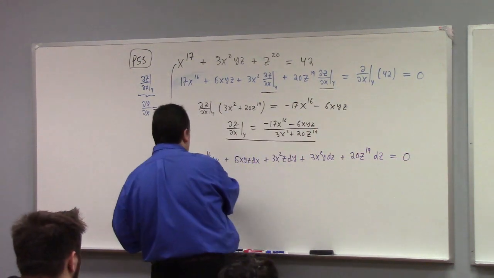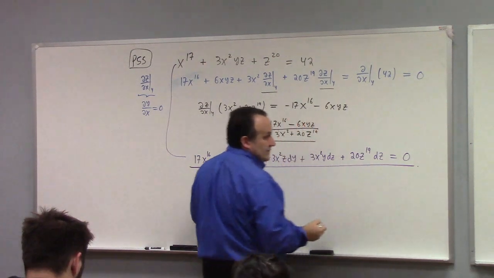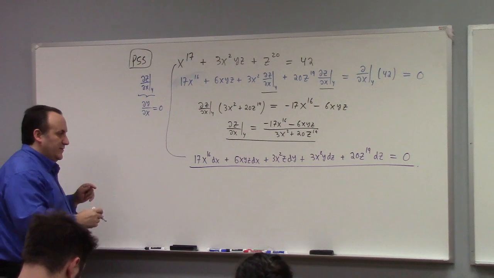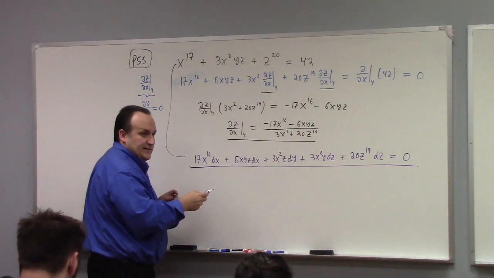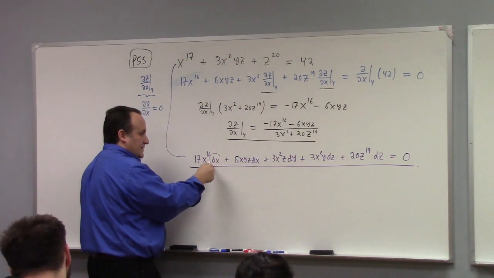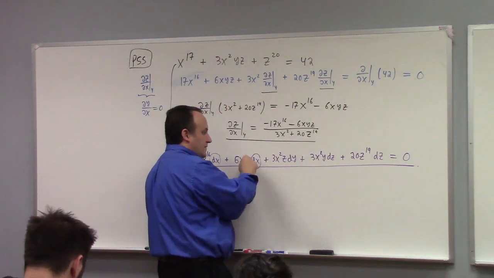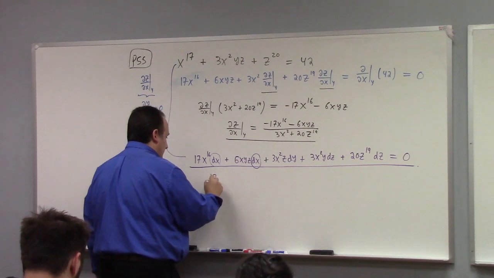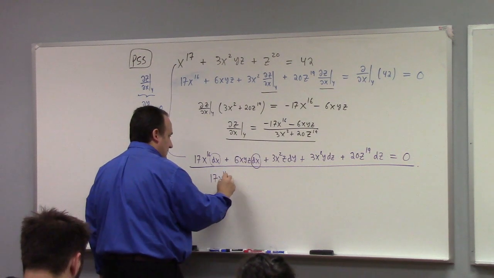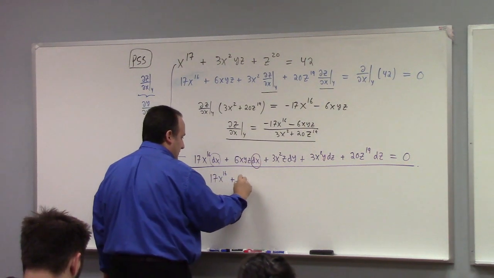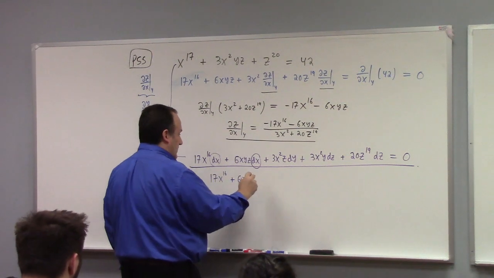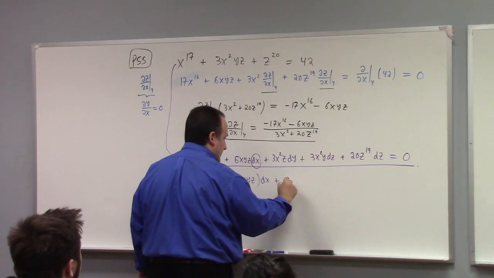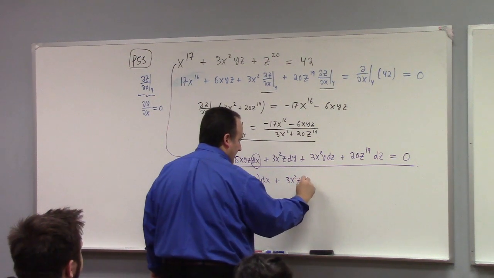You see, from this one equation right here, I can get everything that I want. Let me clean it up a bit more. We should collect like terms. So I've got 17x to the 16 plus 6xyz, that times dx, plus 3x squared z dy.